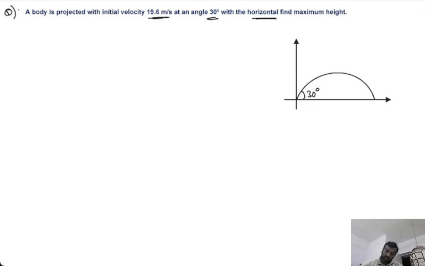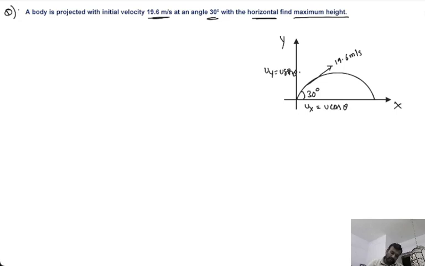Initially the body is projected with a velocity of 19.6 meters per second. In the question, they are asking for the maximum height. So this is the x-axis, this is the y-axis. Now write: ux is equal to u cos theta, and uy is equal to u sin theta.